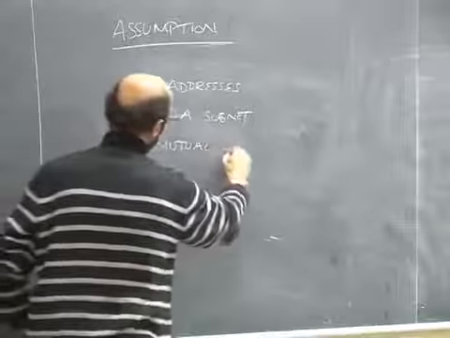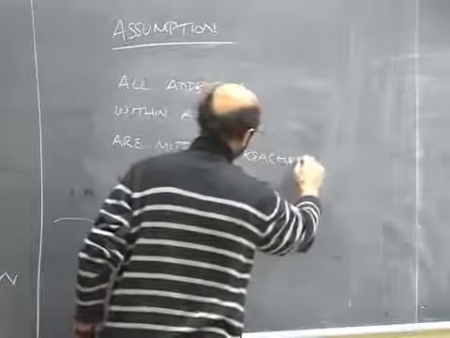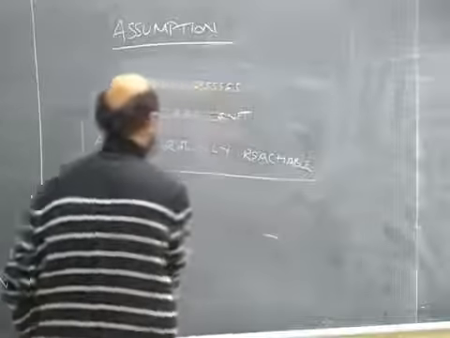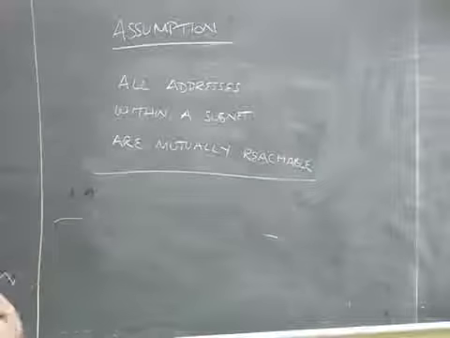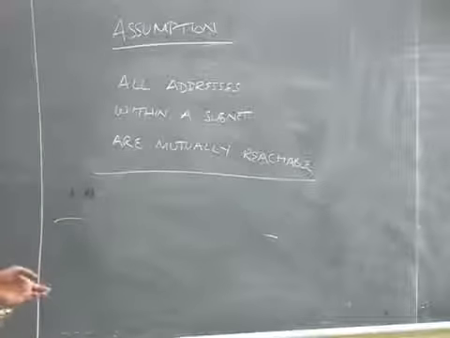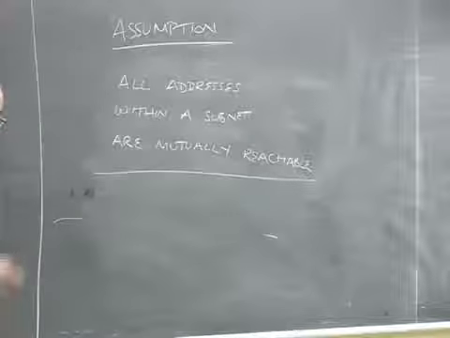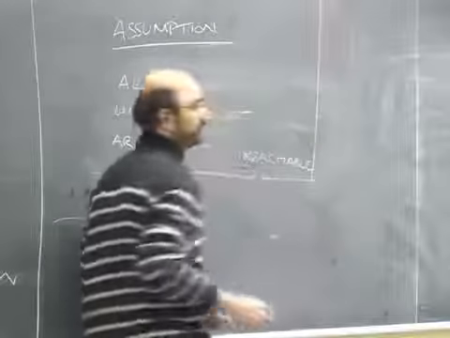Means you can get from anyone to everybody else. I'm going to make this assumption because this is given to me by what's called the link layer, which you're going to study later. So the link layer guarantees to me that all addresses within a subnet are mutually reachable. So I can assume it because I'm going to fix it later. I'm going to take out the assumption later. But for now, I'm going to assume it.